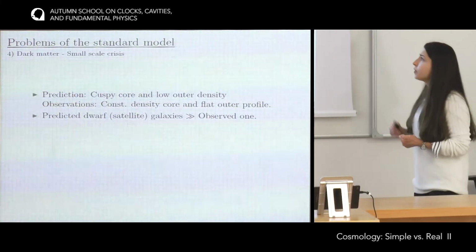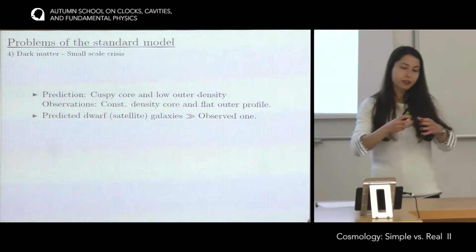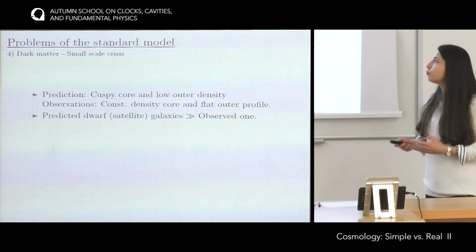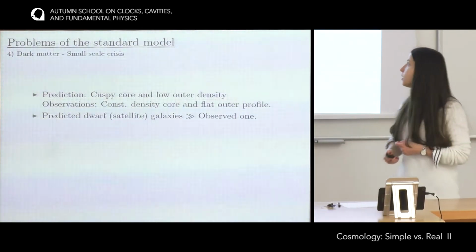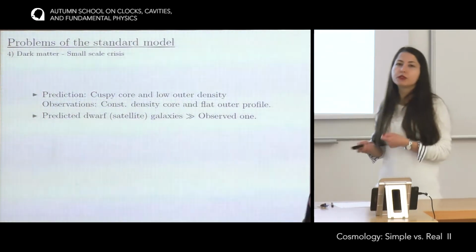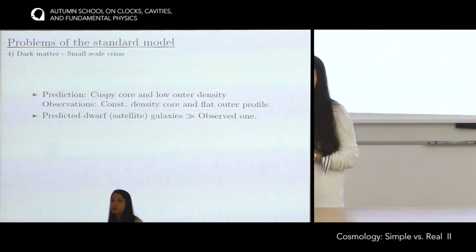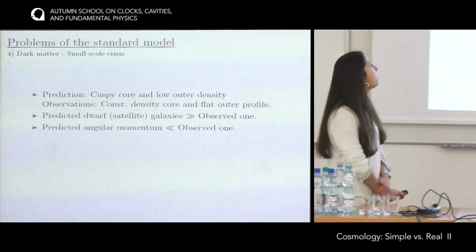And then there's the satellite problem. You expect, even near the Milky Way, more satellite galaxies around your own galaxy than the observed number. For example, when you do some simulations, you expect about 500 satellite galaxies for the Milky Way, and we observed just 11 of them, as far as I know.